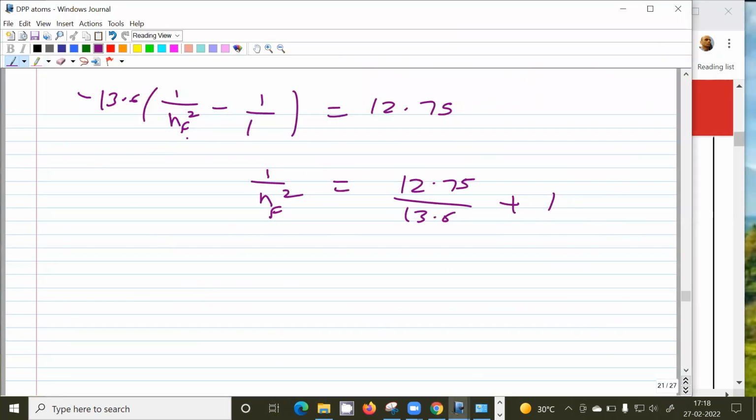Minus 13.6 into 1 by n final square minus 1 by n initial square, that is this one. So 12.75. You left that minus sign, sir. Which minus? That's fine, I can put it. Okay, I'll tell next time. We'll close now. Okay, bye. Bye, sir.